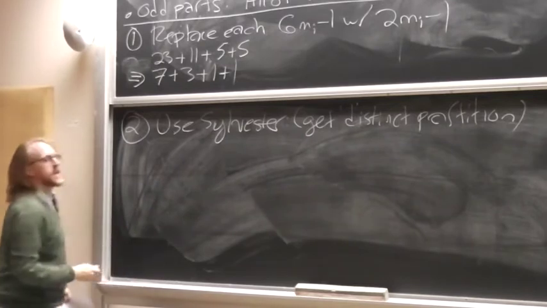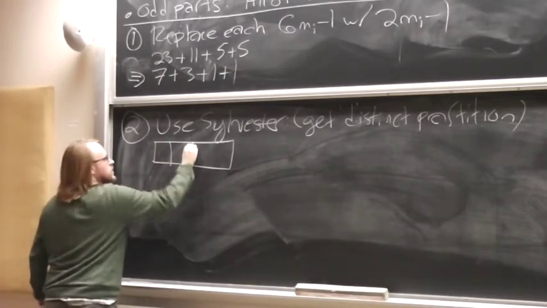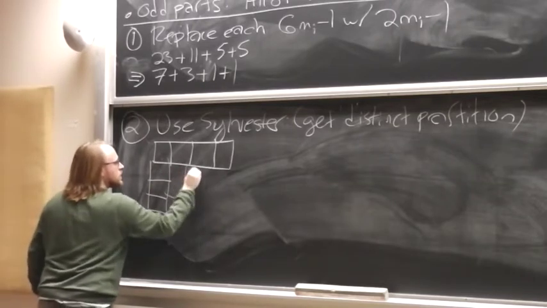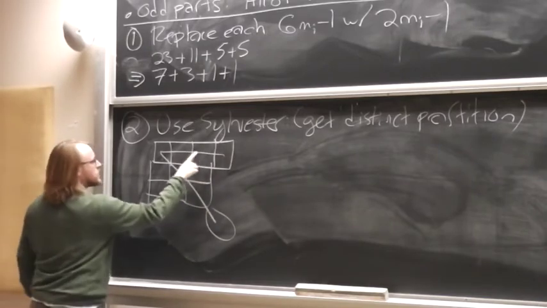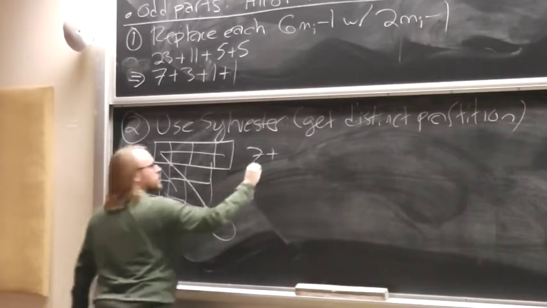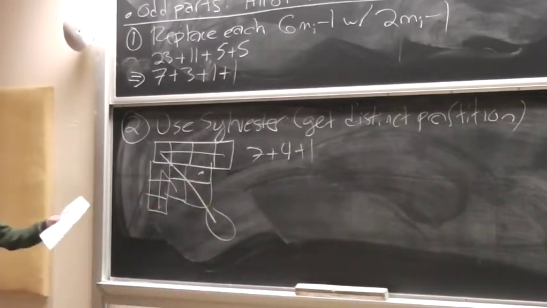In the case of 7 plus 3 plus 1 plus 1, we get 7, plus 4, plus 1. So that is step 2.